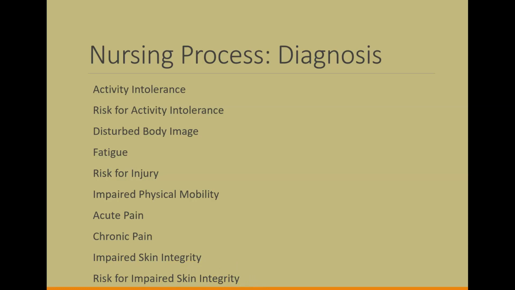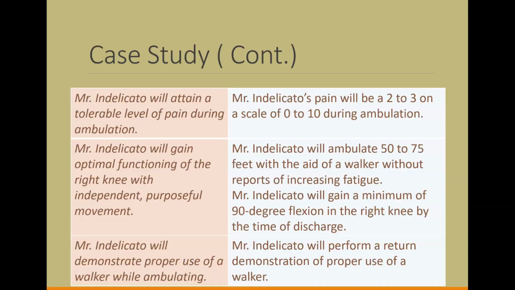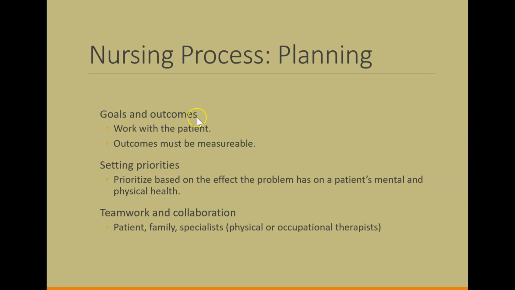All of these things are adequate diagnoses for somebody who has activity problems with exercise and activity. So you're going to make sure that you have adequate goals and outcomes, and you're going to work with that patient. You're going to make sure the goals or the outcomes are measurable when you're doing that.